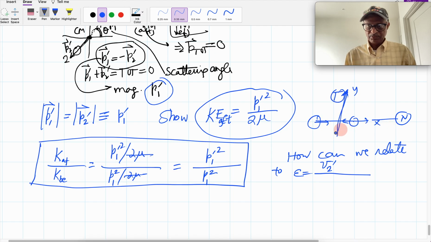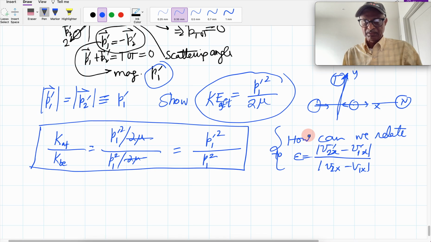So it's just the x direction, v2 prime x minus v1 prime x, that's the relative for that, and v2x minus v1x. How can we relate these guys to those guys?